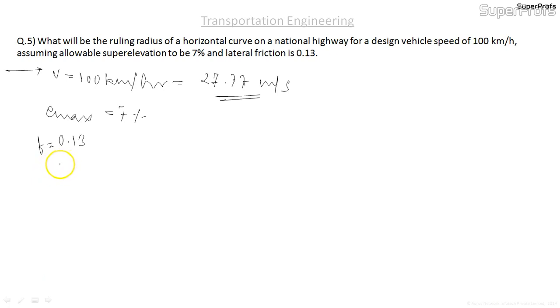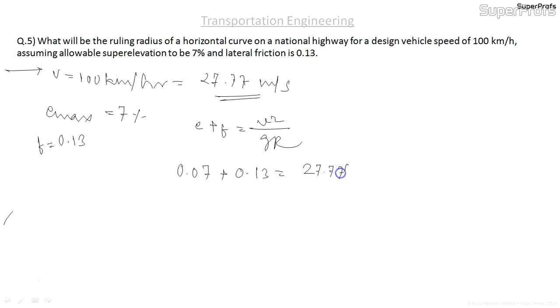Okay, so in this case we are supposed to find out what is the ruling radius of horizontal curve. So here we should use the ruling design speed. So we have got E plus F equal to V square upon GR. E put 0.07, F we can put 0.13, R we have to find out.